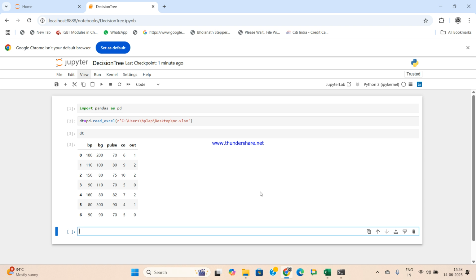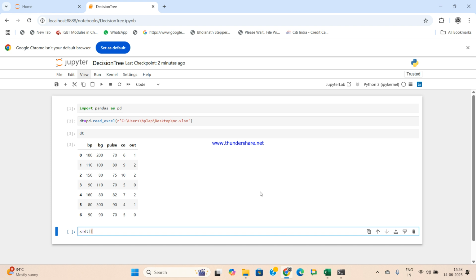Here again I have to define the dependent and my independent variables. The independent variables I'll consider as the blood pressure, blood glucose, heart rate, and the cardiac output. So I'm defining x from the data. This whole syntax we know already.